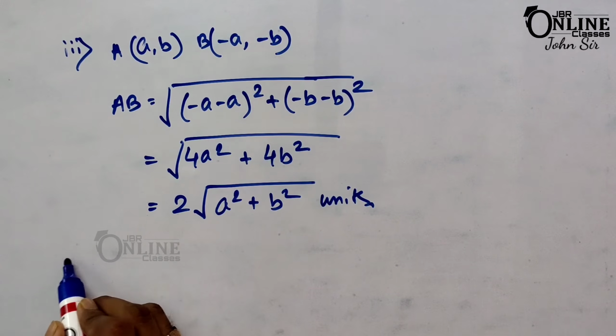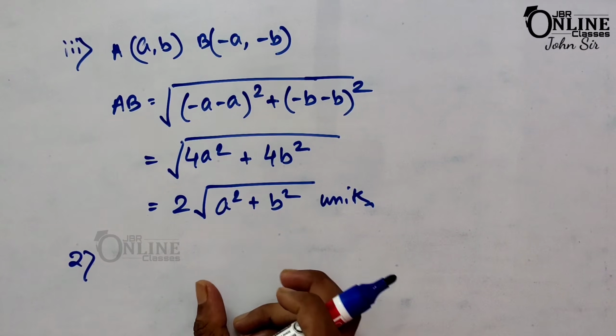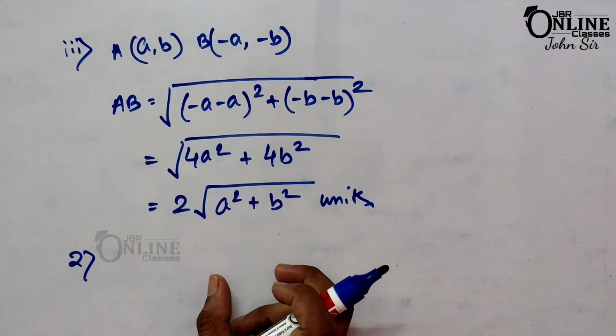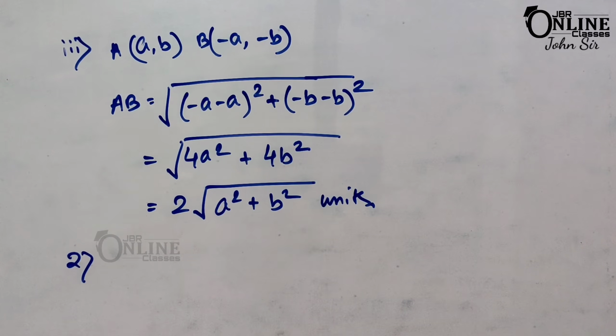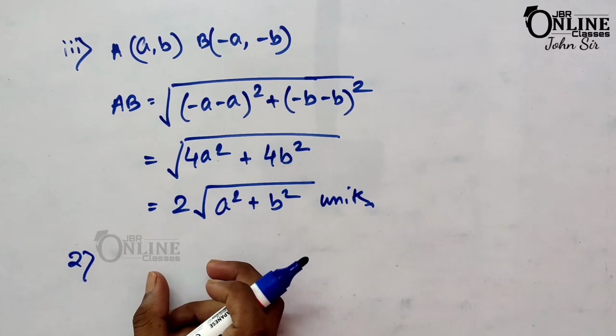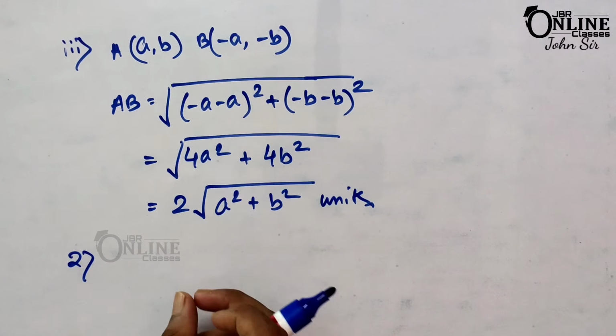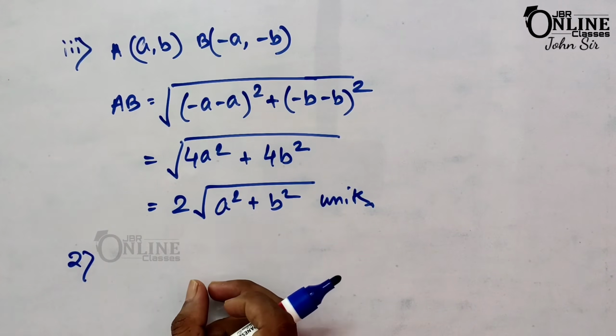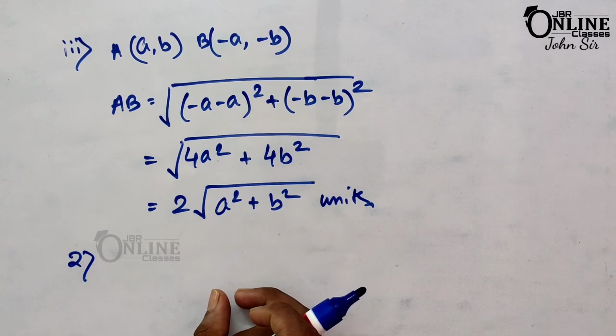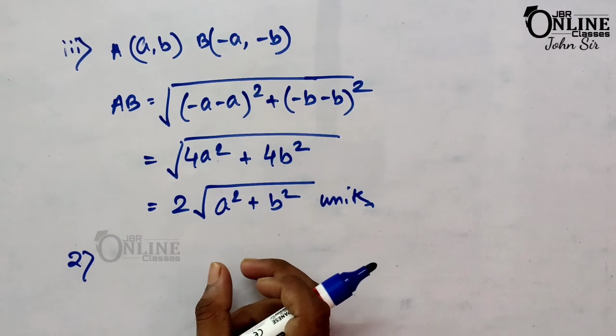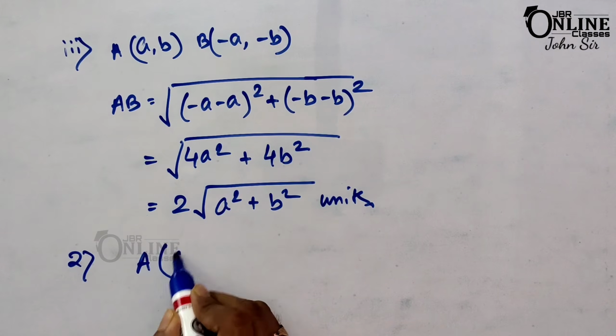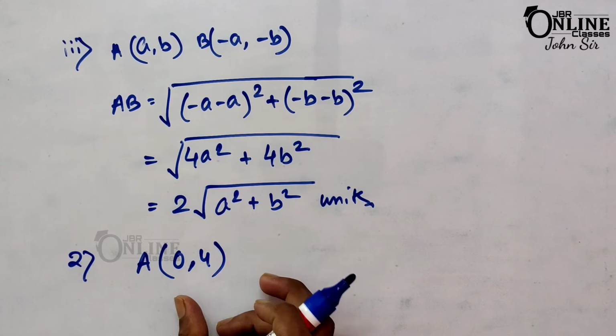Now next one, sum number 2. In sum number 2, A is a point on the y-axis whose ordinate is 4, and B is a point on the x-axis whose abscissa is minus 3. Find the length of the line segment AB. As A is a point on the y-axis, the abscissa will be 0. Always remember that. And as the ordinate equals 4, the coordinate of A is (0, 4).